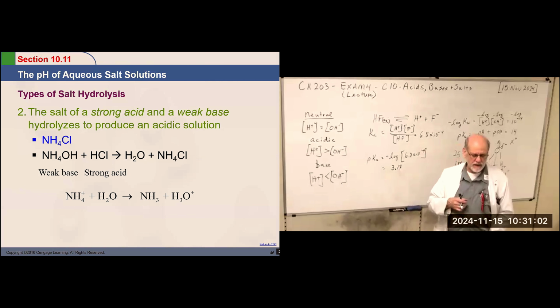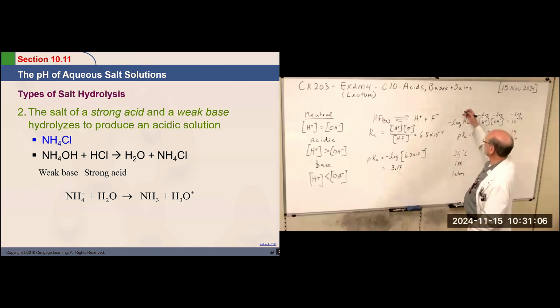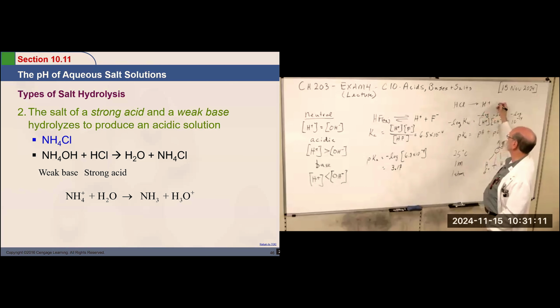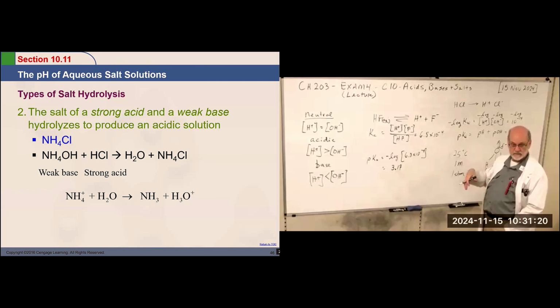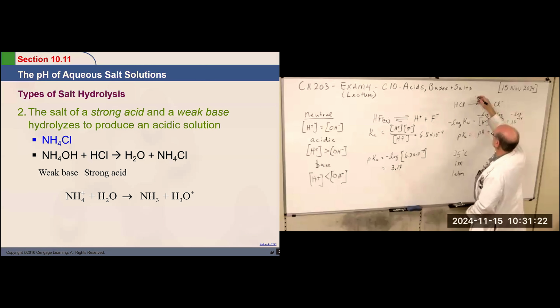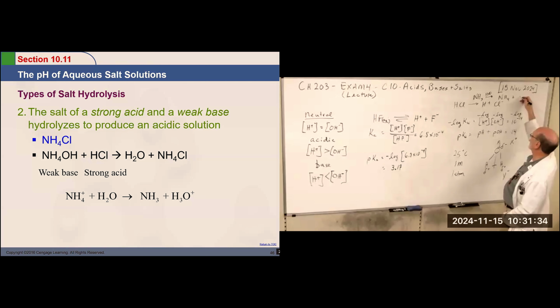If, on the other hand, your salt is derived from a strong acid, like hydrochloric acid, which would produce what? Chloride ions. And the base happened to be weak, like ammonia is a weak base. Ammonia reacts with water and produces ammonium ions and hydroxyls.